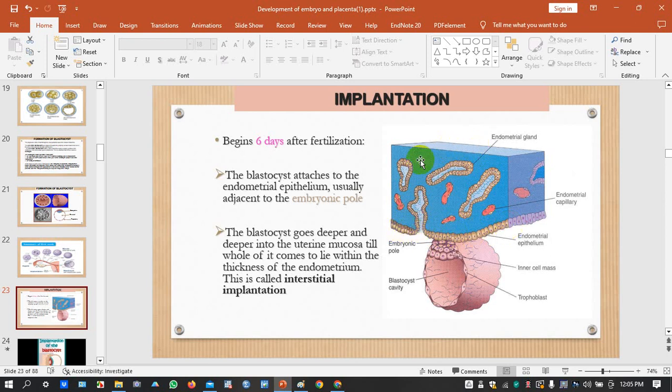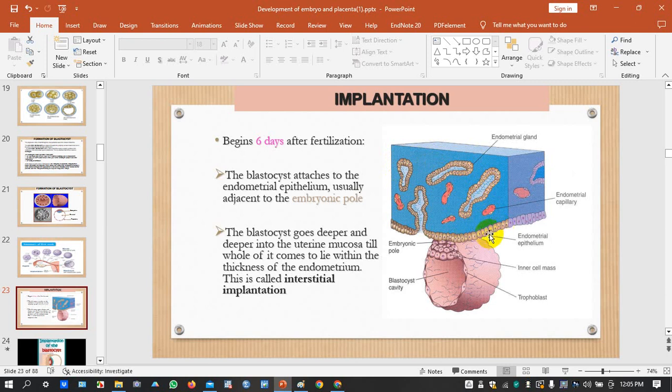And the basal layer is the last layer. That one is what, if you go and do D and C, dilatation and curettage, if you do that, abortions, the doctors will be scraping the decidua. They will scrape the basal layer.